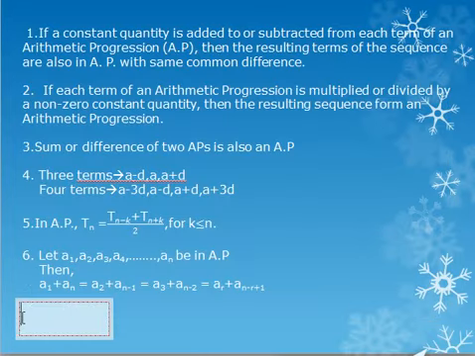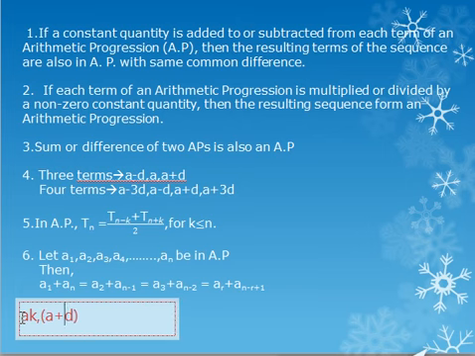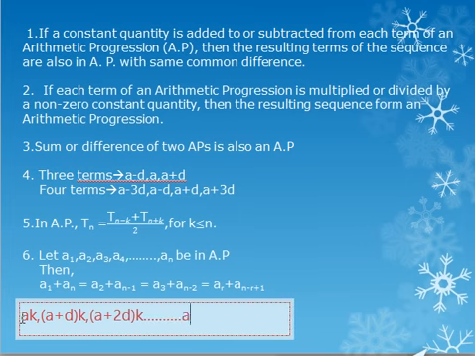I'm directly writing it as a into k, the first term into k, then a plus d whole into k, a plus 2d whole into k, and so on, up to a plus n minus 1 into d, whole into k.